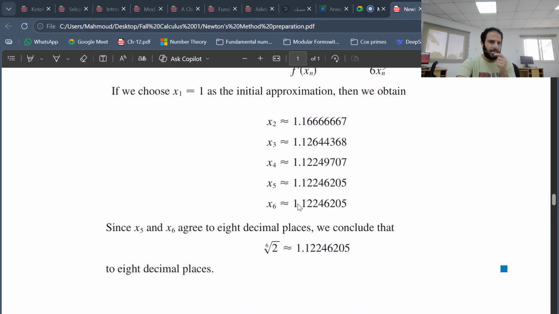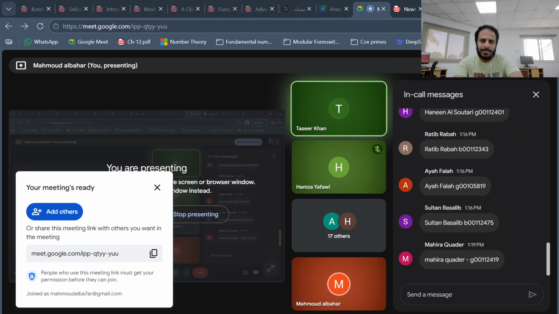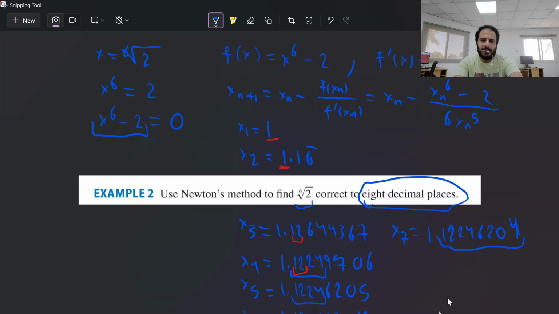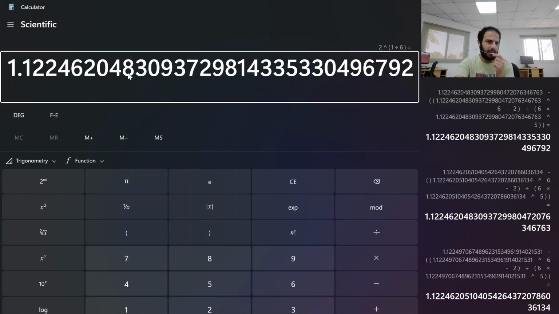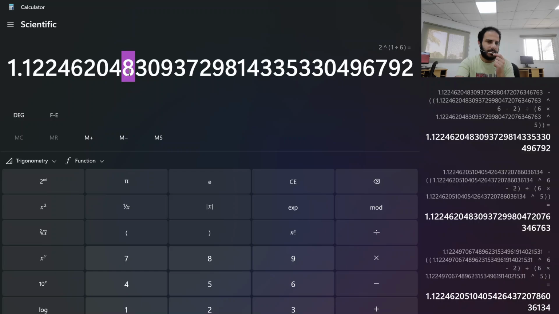I think he counts the 1 also among them, right? No, he didn't count it. Eight decimal numbers. It must be 4, not 5. But I think he approximated it to 5, right? Because it's 8 before it. So he wanted it to be 5, by approximating it to be 5 here. Okay.